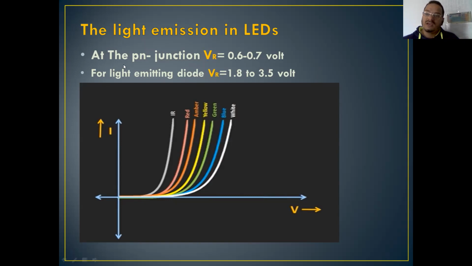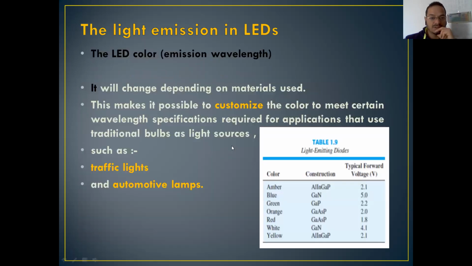Here, the reverse, or we can say the voltage potential at the p-n junction, starts from 0.6 to 0.7 volt, but the situation is different for the light emitting diode: it starts from 1.8 volts for IR color and finishes at 3.5 volts for white color.